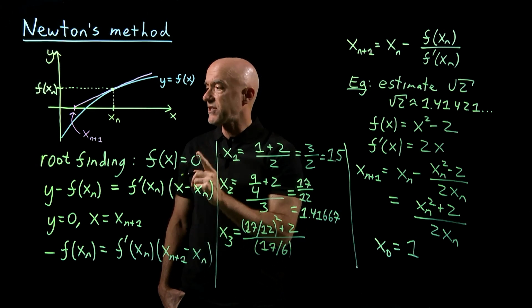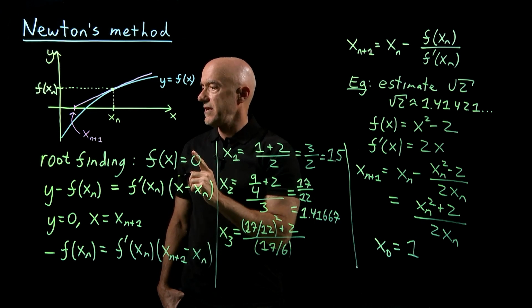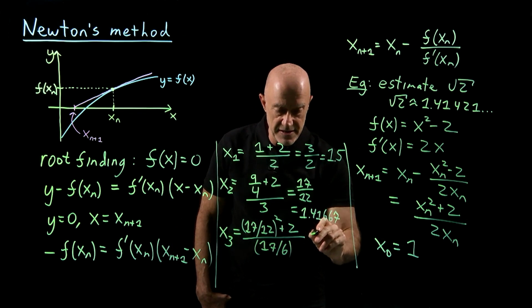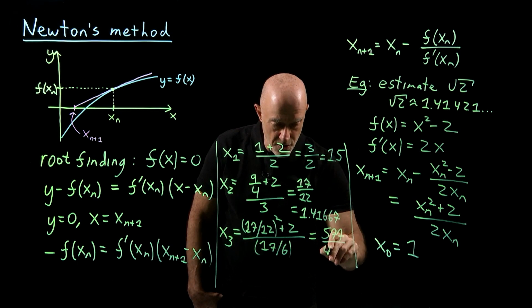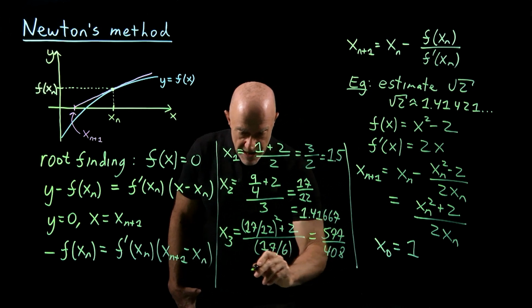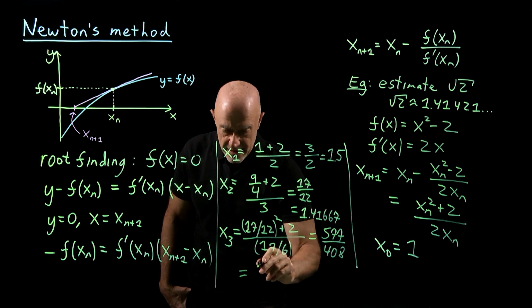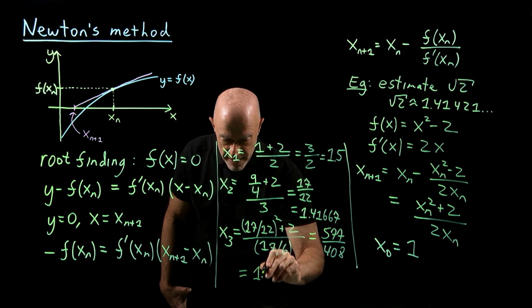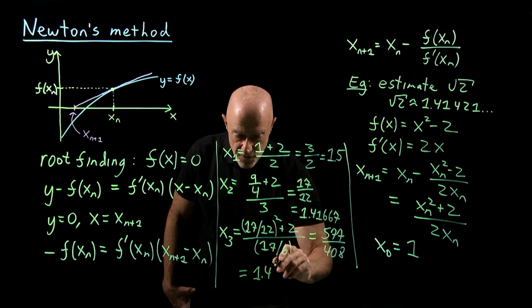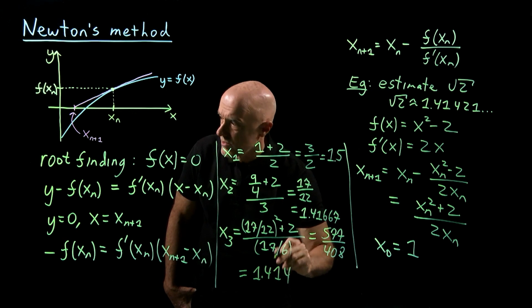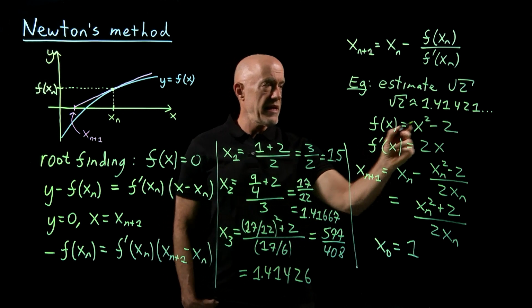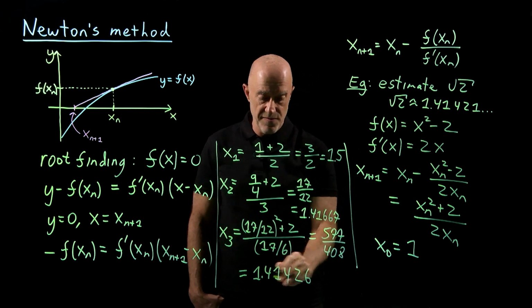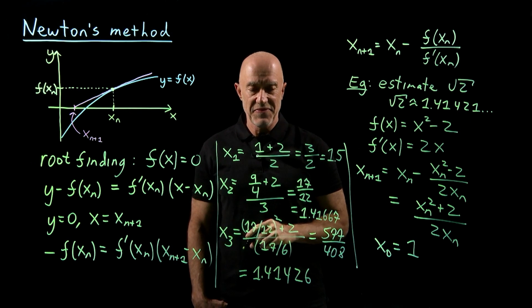Okay, that's a fraction equal to 577/408. And if we write the decimal for that, that would be 1.41426. So now we're getting accuracy to 4 decimal places.